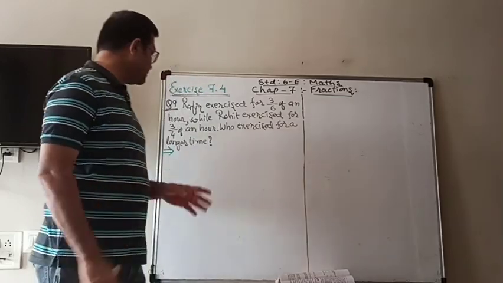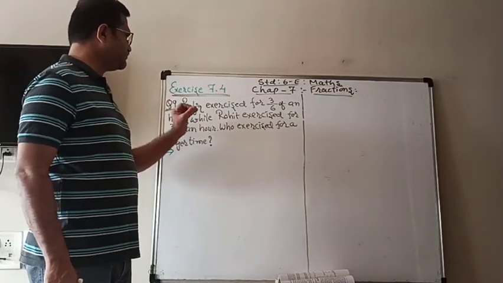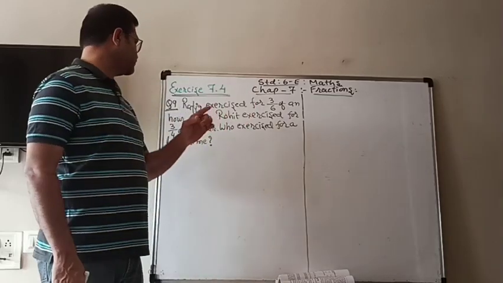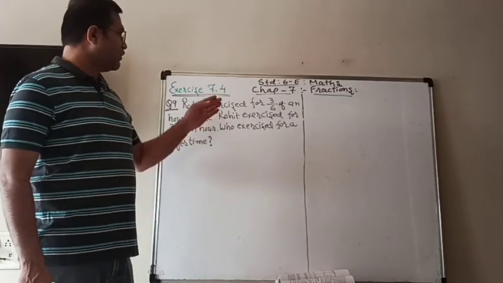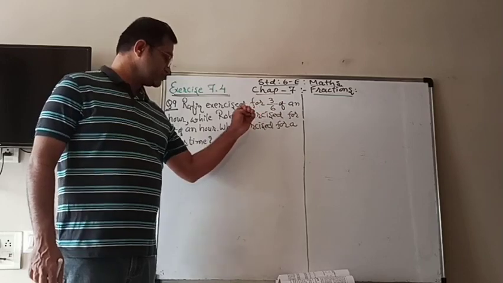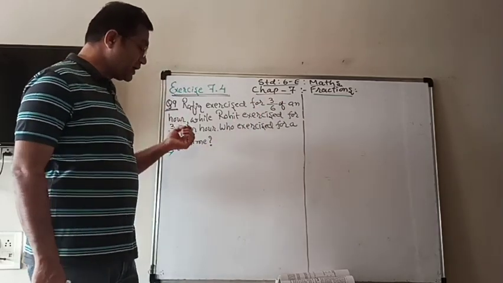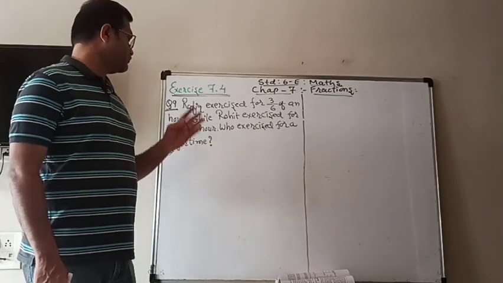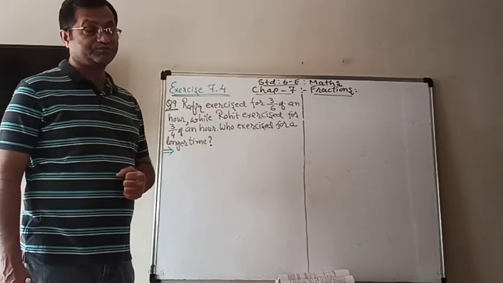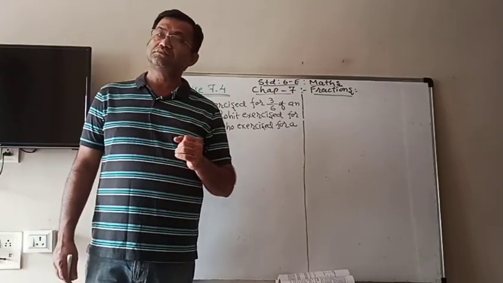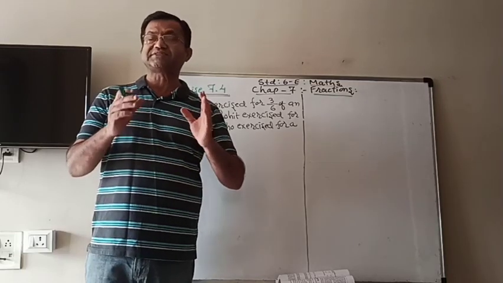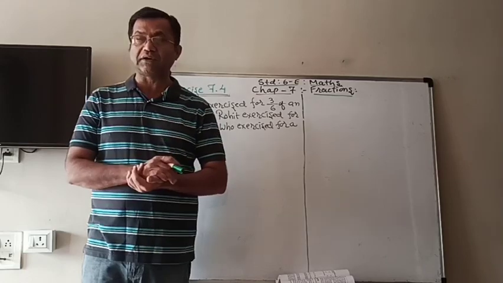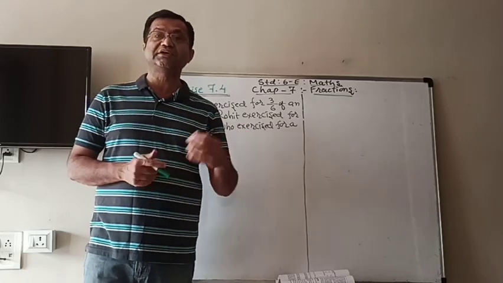Now the next question, number 9. Rafiq exercised for 3/6 of an hour, while Rohit exercised for 3/4 of an hour. Who exercised for a longer time? So here both exercised for a part of an hour, and it is already given in fraction.